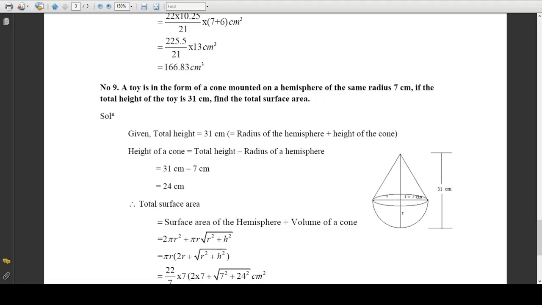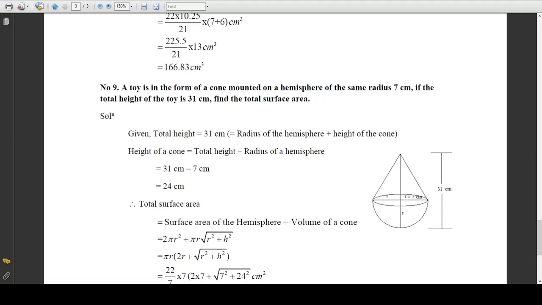But here this circular portion we need not find out, because we need only this portion, this surface area, this cone and this sphere. We don't need this inside portion. We need only the surface area covered from outside.